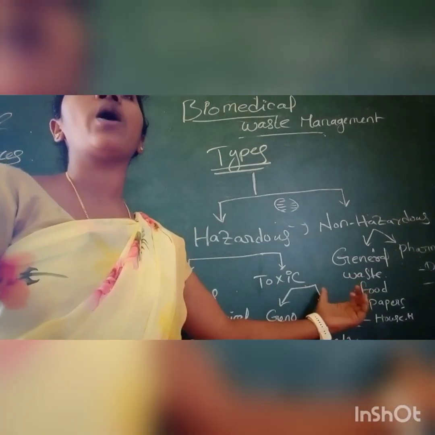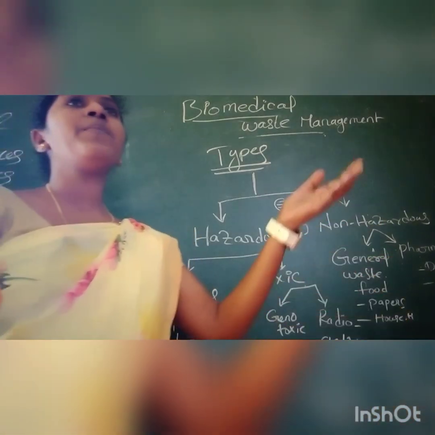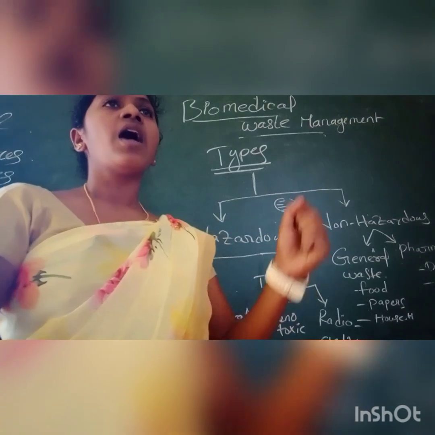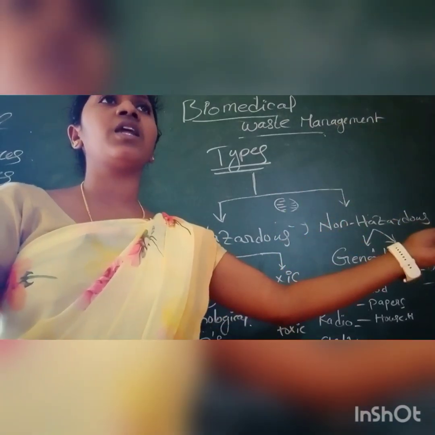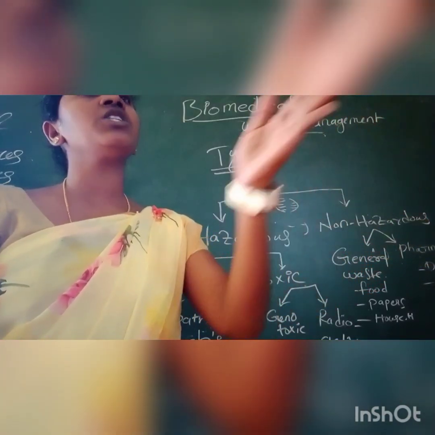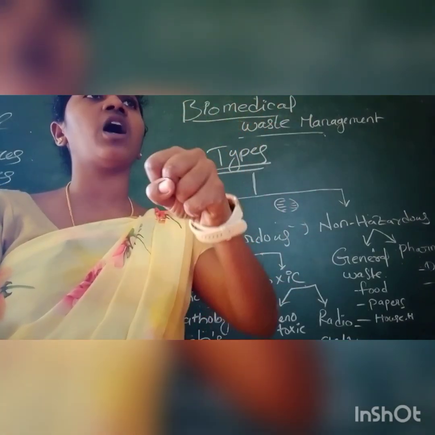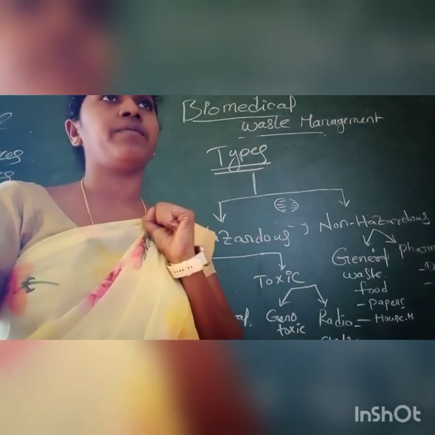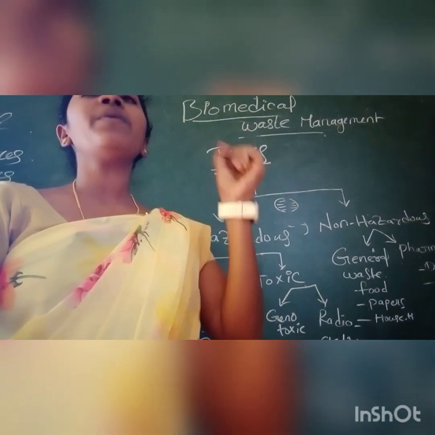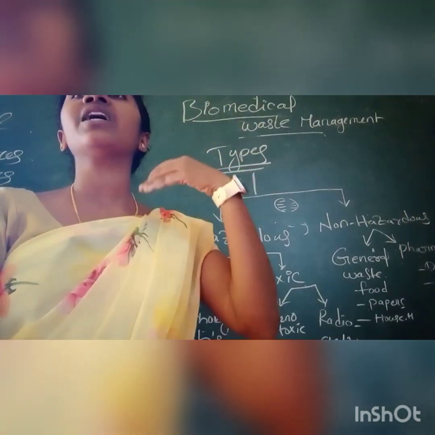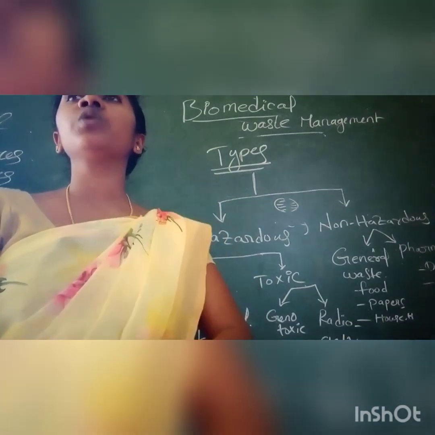What are the radioactives? For example, one person has cancer and the doctors treat that person with radiation. Some of the things that are attached to the patient are just left in the ward. Somebody comes and touches it, or gets exposed to it.